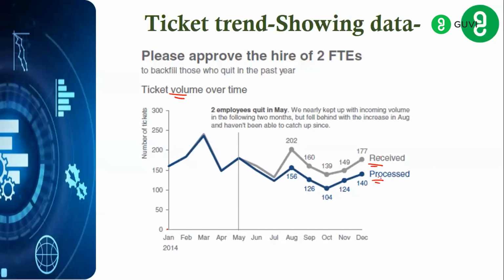This is the received count, this is the processed count. So during Jan, Feb, March, April till May, whatever tickets have been received, all the tickets have been processed, because the lines were overlapping. By seeing this part alone, your HR could understand that there is no deficit.